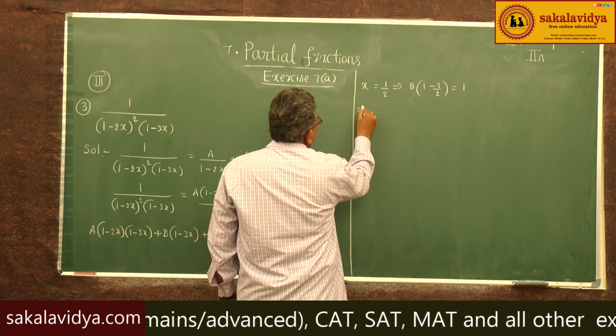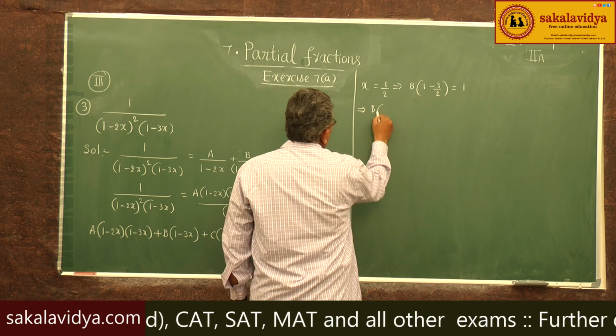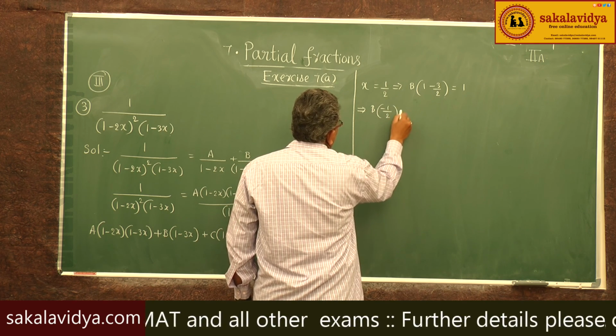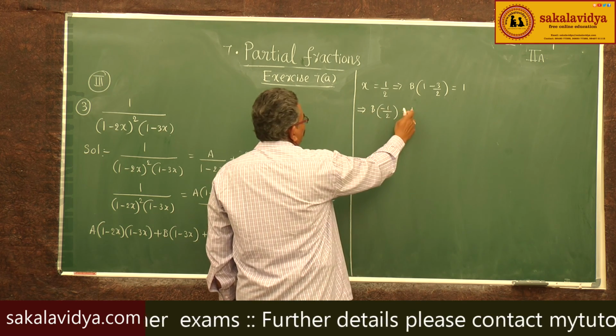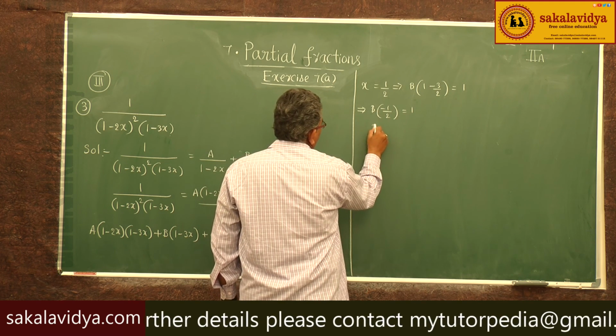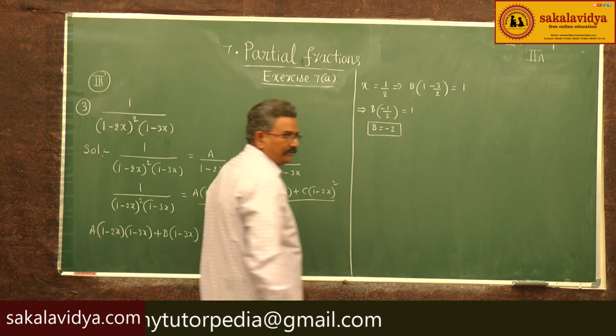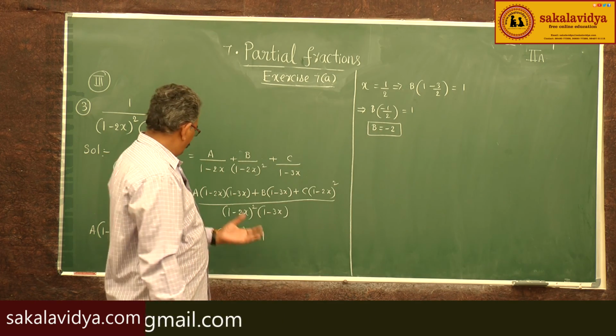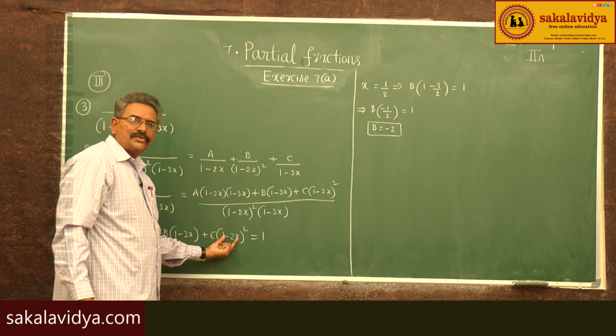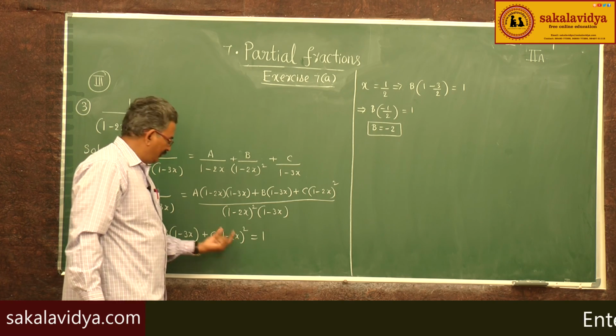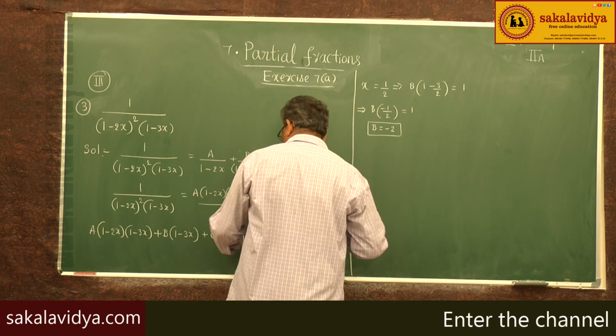So, that implies b of minus 1 by 2 equals 1. B equals 1 by minus 1 by 2, that is b is equal to minus 2. Now, we know the b value. So, now similarly 1 minus 2x is 0. So, that is completed already.